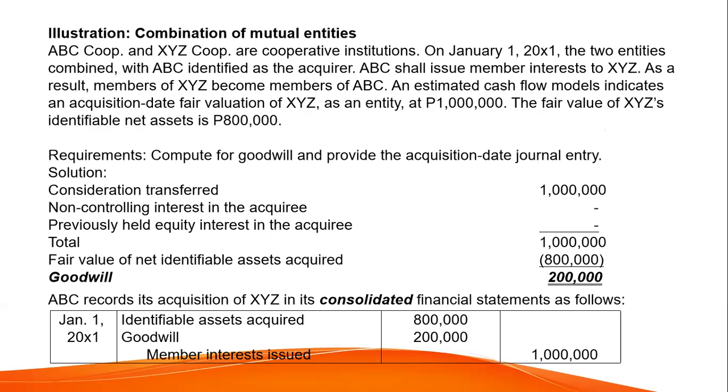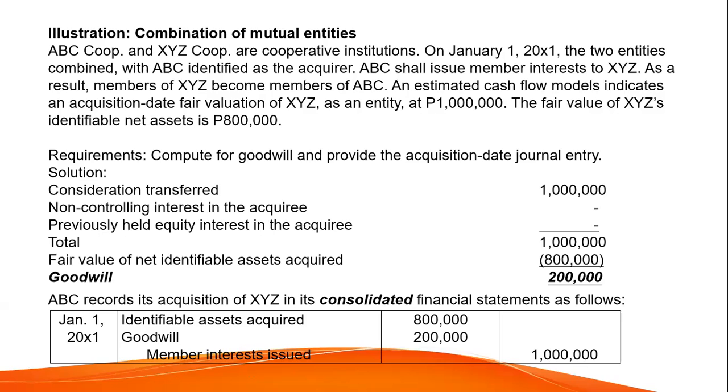Now, let's have an illustration of mutual entities. ABC Cooperative and XYZ Cooperative are cooperative institutions. On January 1, 20X1, the two entities combined with ABC identified as the acquirer. ABC shall issue member interest to XYZ. As a result, members of XYZ become members of ABC.